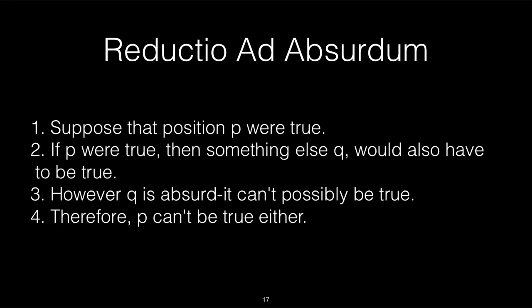In other words, when I suppose some proposition is true, and if something is true, then it leads to something else, Q, would also have to be true, but Q is absurd. Now, it might just be the case that, especially when we're talking about scientific reasoning, something that we thought was absurd really isn't absurd.